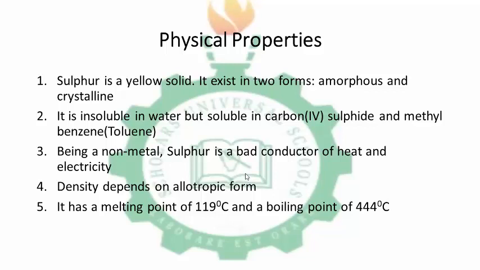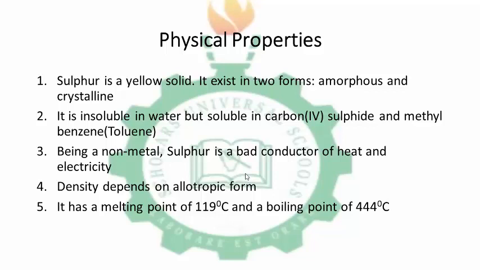The second property is that it is insoluble in water but soluble in carbon disulphide and methylbenzene. And we know that methylbenzene is toluene. Now being a non-metal, sulphur is a bad conductor of heat and electricity. Sulphur does not conduct both heat and electricity.